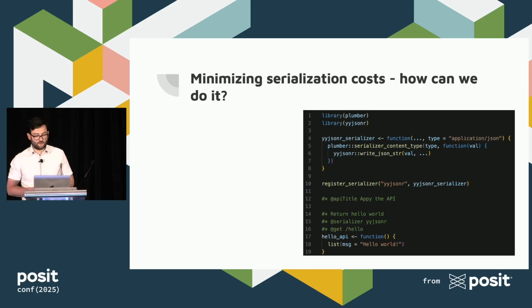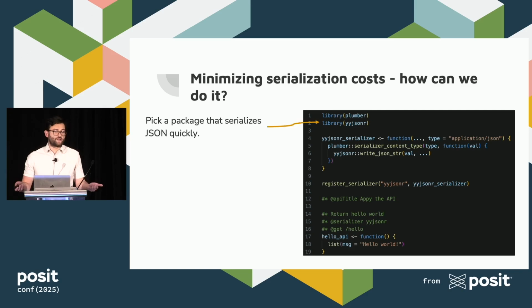So I have here a simple example of a Plumber API that uses what's called a serializer function to swap out the defaults and then get a performance boost. How we go about doing this, the first step is find a package that serializes JSON faster.